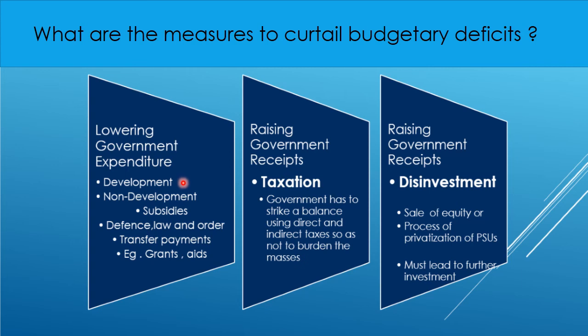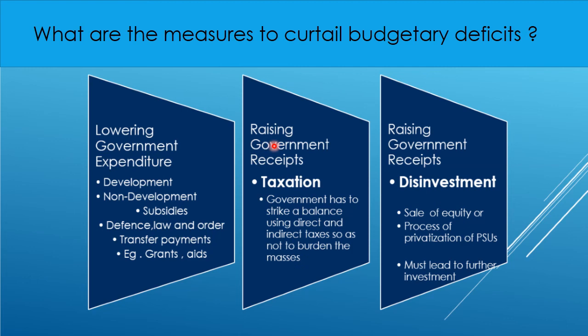They will try to avoid reducing development expenditure as it is necessary. Also, they will try not to touch subsidies to a large extent because they are needed by people of lower income groups. So also they may not decrease defense, law and order expenditures. Perhaps they may try to decrease that expenditure that is not useful.